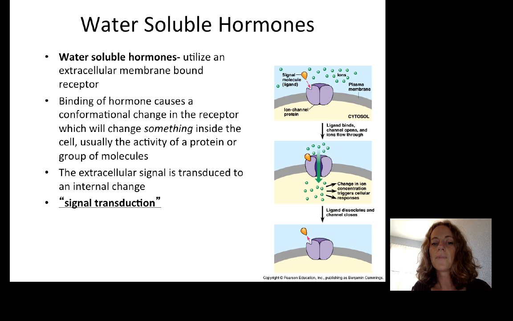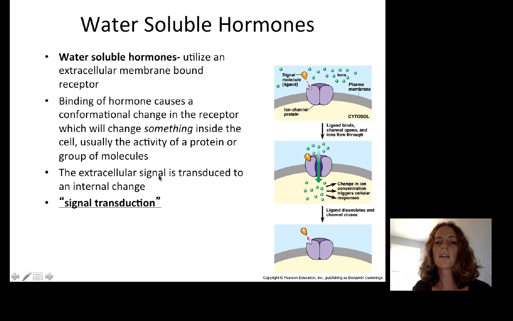inside the cell. Usually, the activity of another set of proteins or group of molecules. The extracellular signal then has to pass through or is transduced, sort of translated, into an internal change in the cell.